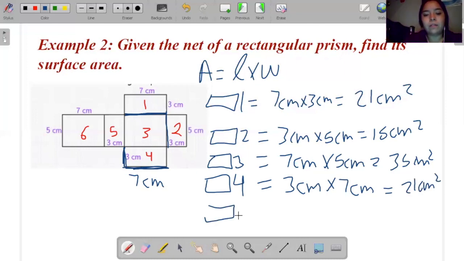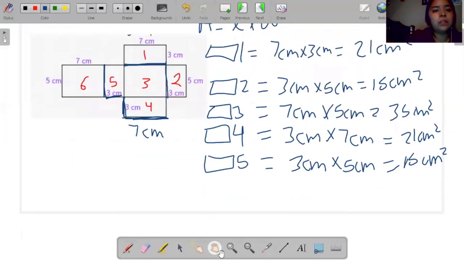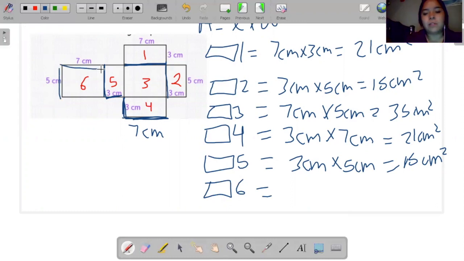Rectangle 5 is 3 centimeters times 5 centimeters, equal to 15 square centimeters. And our last one, rectangle 6, is 5 centimeters times 7 centimeters, equal to 35 square centimeters.